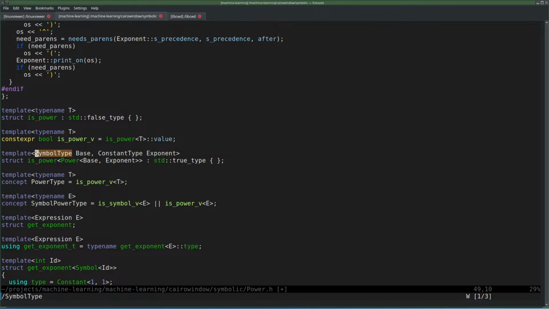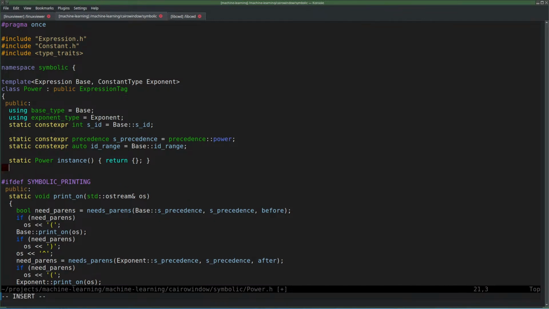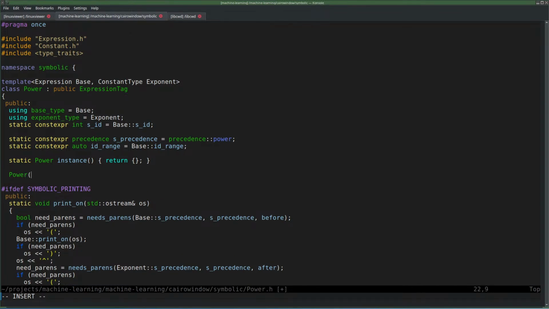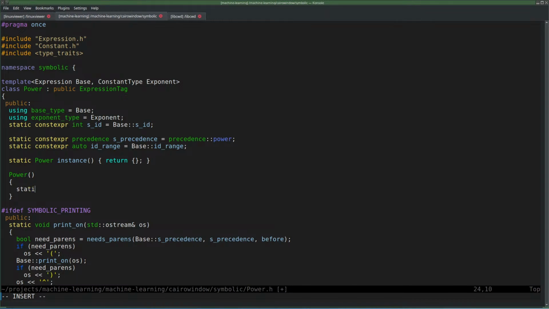And then I want to change. I still want to catch the error that someone tries to pass a base that is not a symbol by adding a constructor which then has a static assert.